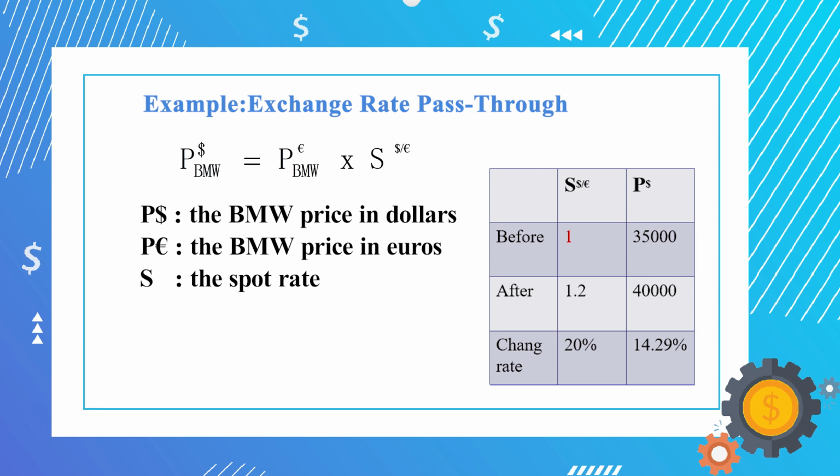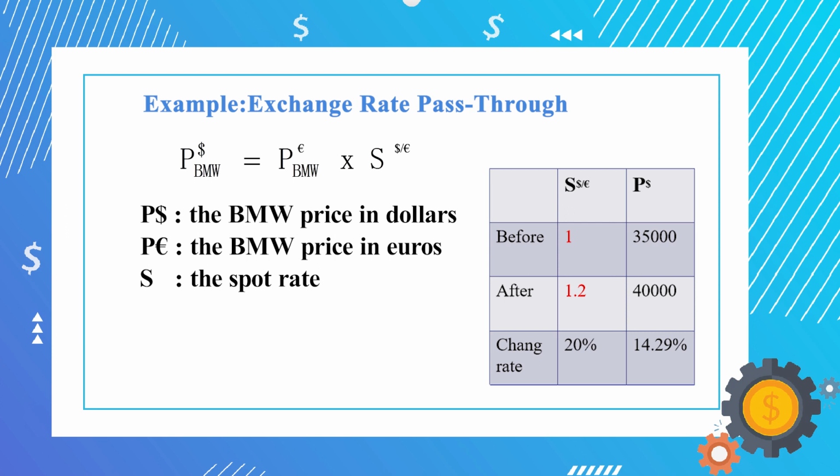If the euro appreciated against the dollar from $1 per euro to $1.2 per euro, then the price of the BMW in the US market rose from $35,000 to $40,000. We'll say that there happened incomplete exchange rate pass-through.